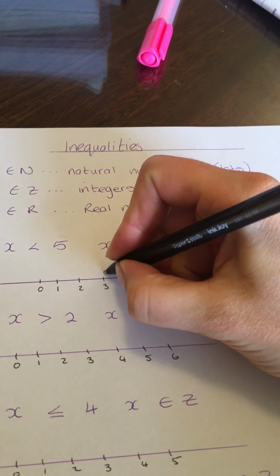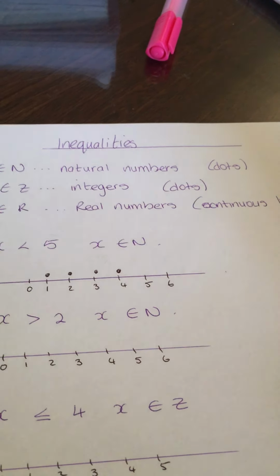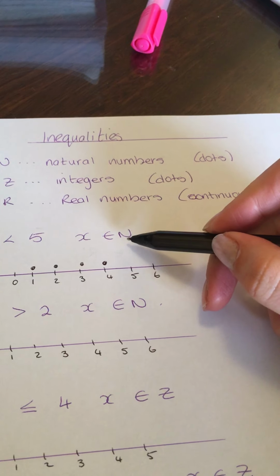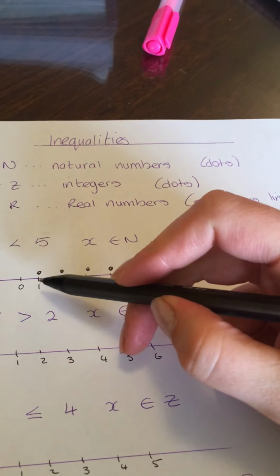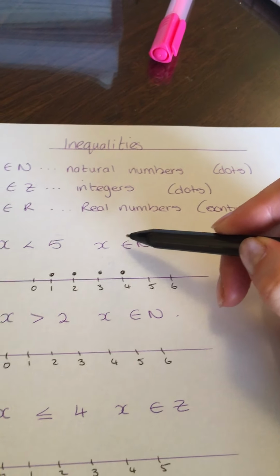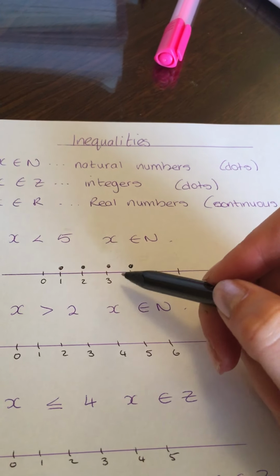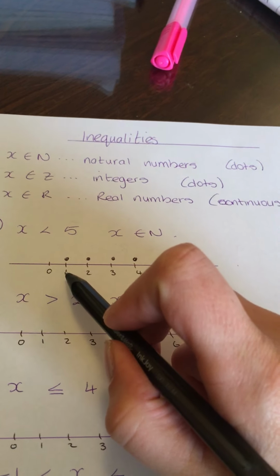So 4, 3, 2, 1. And because it's a natural number, we know the first natural number is going to be 1, so it can't go any further than that. A natural number is the set of positive whole numbers. So less than 5, it can't go below 1.